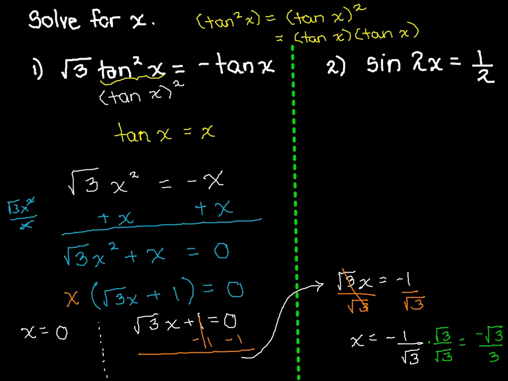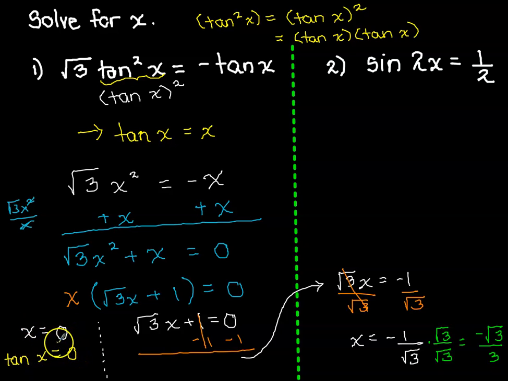Remember that we're not done. We didn't solve for x because we changed everything that said tangent x into x. So since we changed everything that said tangent x into x, change it back. Change everything that says x into tangent x. And to solve, we want tangent of some angle that equals 0.